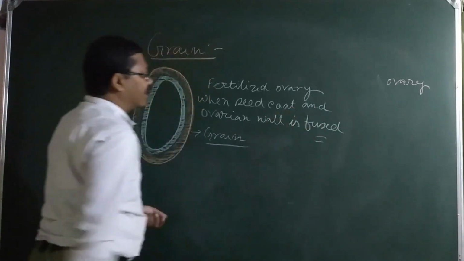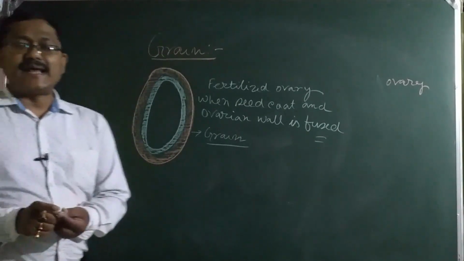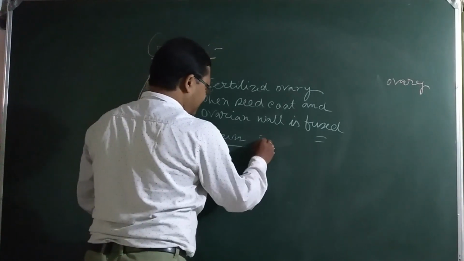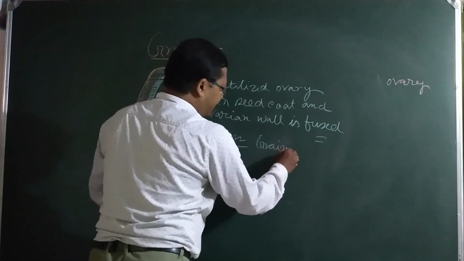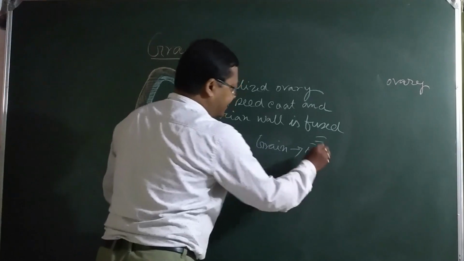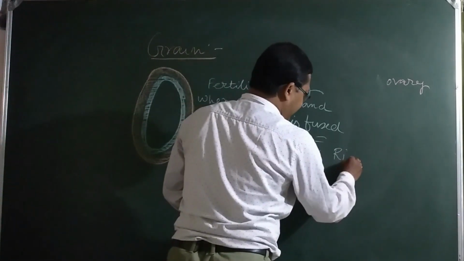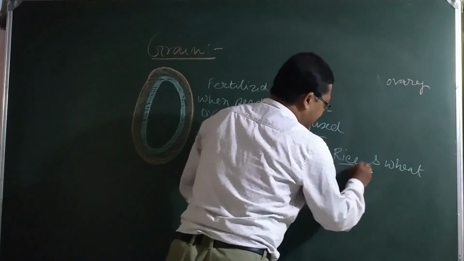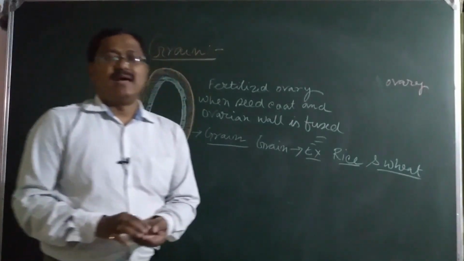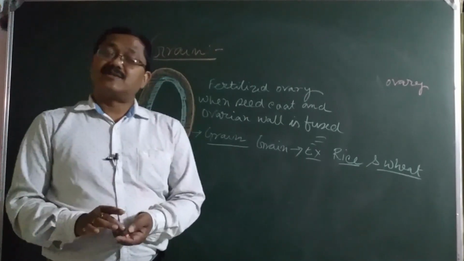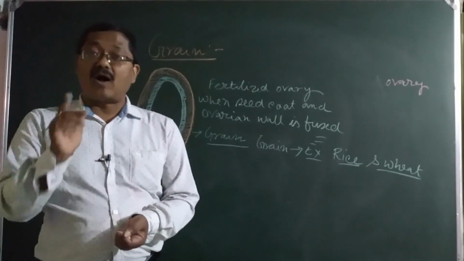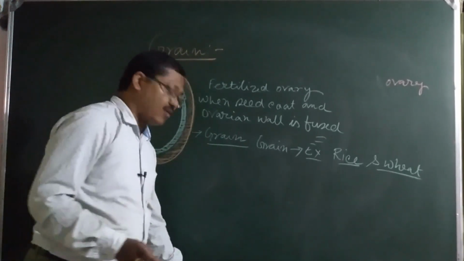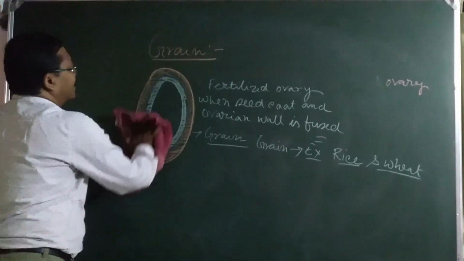This is called grain. An example of grain? Rice and wheat. In both cases the ovarian wall as well as the seed coat are fused. They are united and cannot be separated from each other. This is the grain. These are the three questions: what is seed, what is fruit, and what is grain?